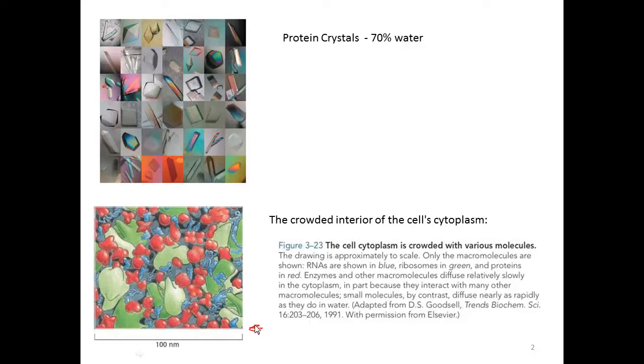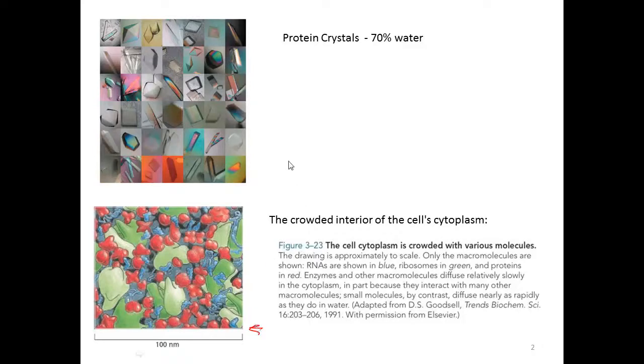And when you think of 70% water, you might not think about as crowded an interior as that. There's a lot of molecules. This will affect diffusion, and most of the water in the cell, even though it's 70%, is very close, within I think 6 molecules of one of these biomolecules. So there's not a lot of free water inside a cell.